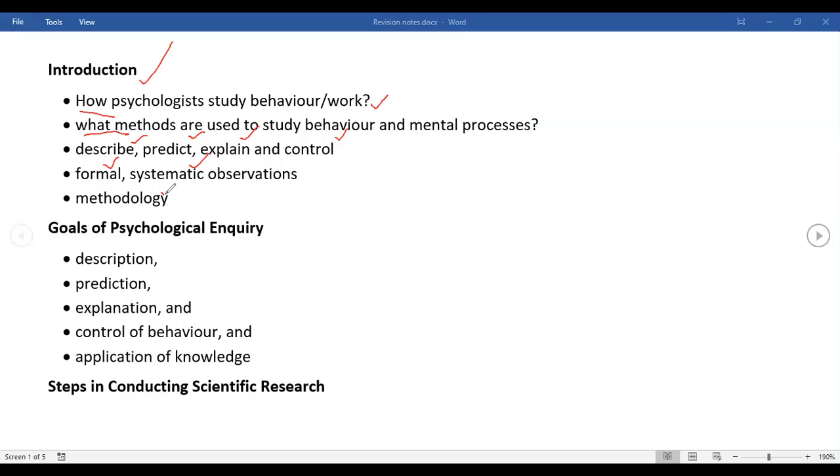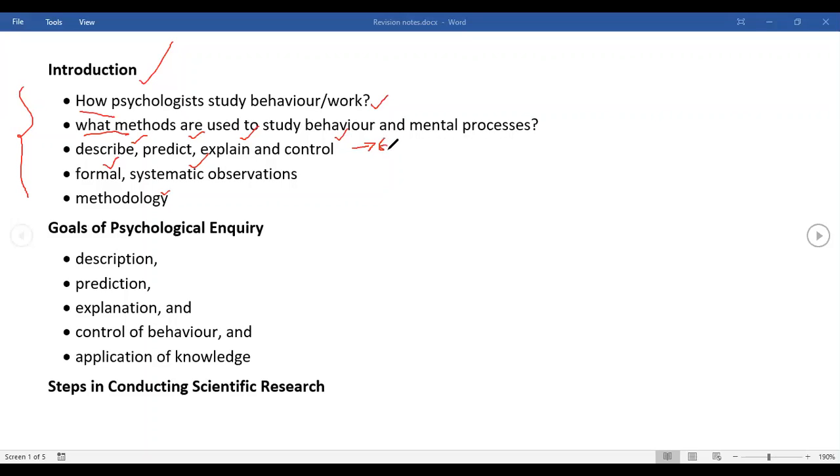A methodology is adopted, systematic methods or formal methods. This is the introduction of the chapter. What are the goals of psychological inquiry or a psychological method? That is what we have discussed here.